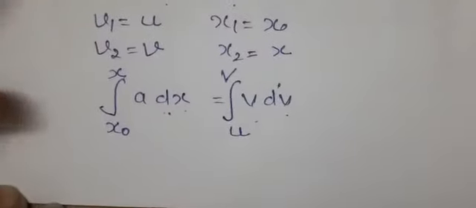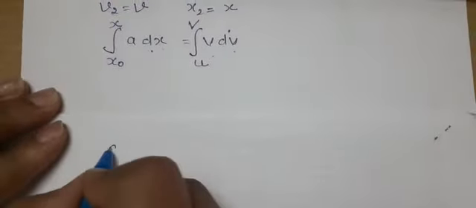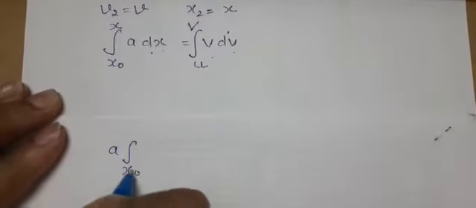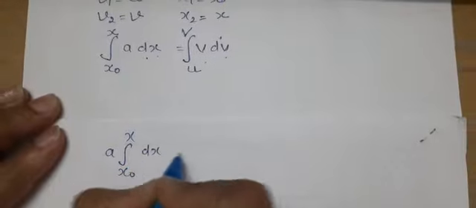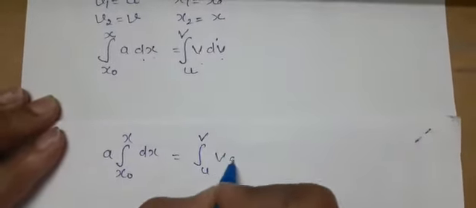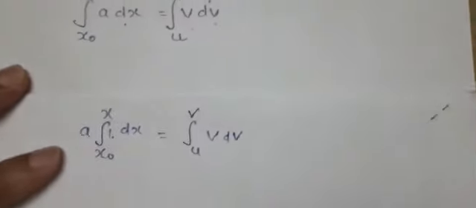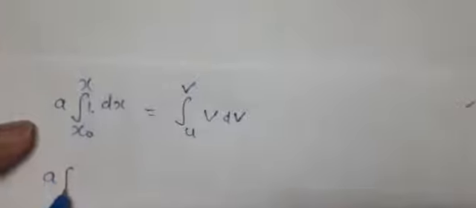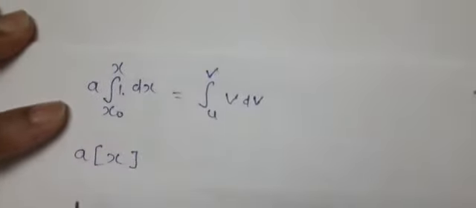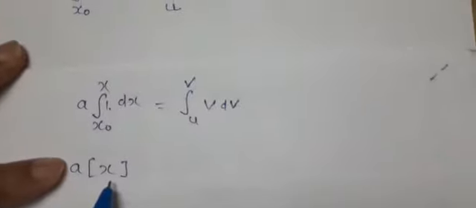So now taking a outside the integration, the integrating limits are the same. Now here v you have to integrate with respect to dv. So here it can be taken as integration of 1. Directly I am taking that 1 is x raised to the power 0. So its integration will be x, 0 plus 1, that is 1.